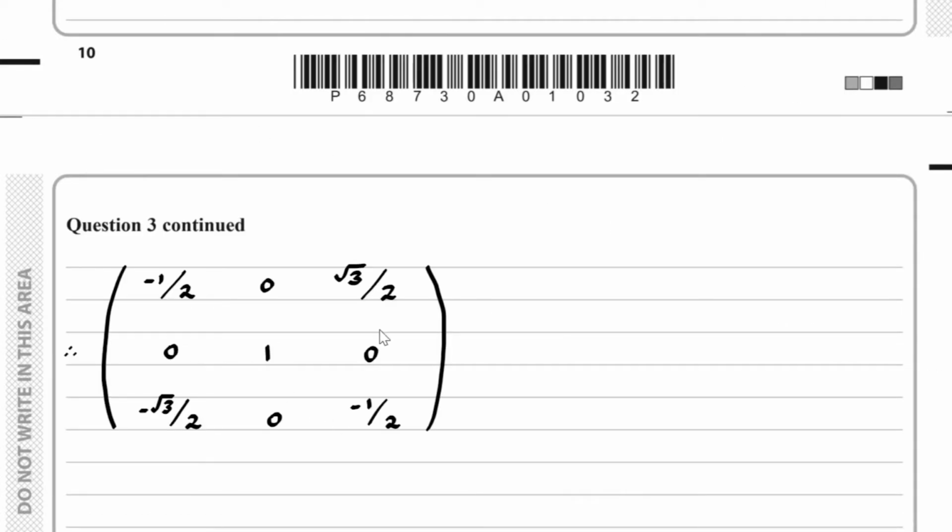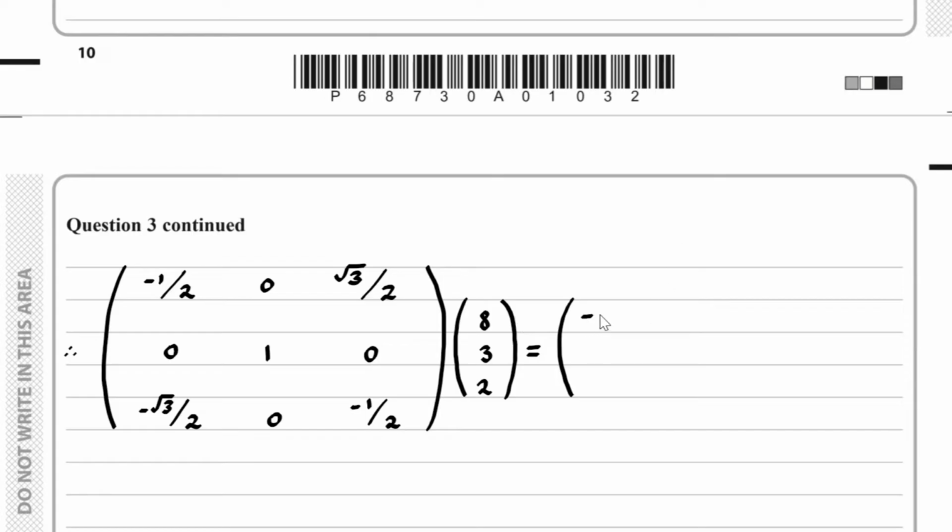And so therefore, we've got our matrix T, we've got our point P with coordinates 8, 3, 2, and if we work out what this is equal to, we've got minus a half times 8, which is minus 4, plus 0 times 3, which is 0, and then we've got root 3 over 2 times 2, which is just root 3.